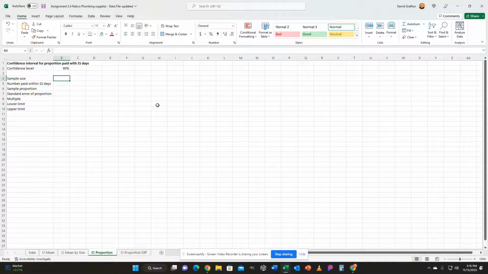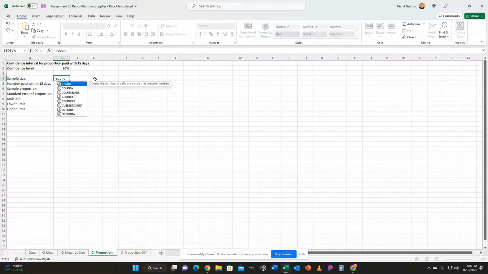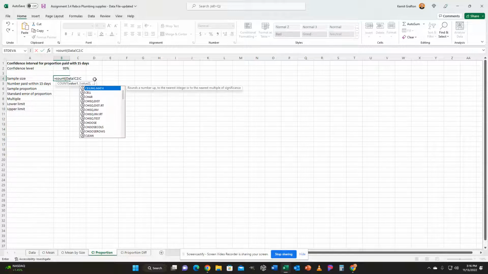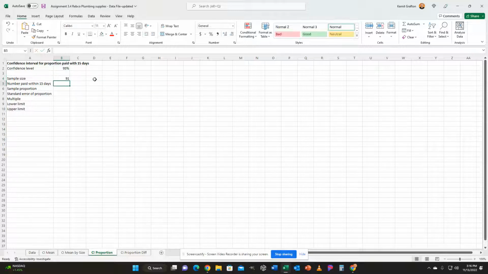Again, we're at the 95% confidence level reflected here. Our sample size is basically the count function. We go back to the data tab, and that should give us 91.